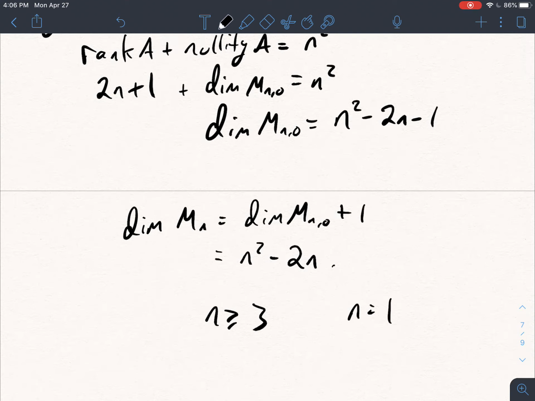Oh, also, I should have mentioned this from the start. All of this is for n greater than or equal to 3. For n equal to 1, the dimension is equal to 0. So I guess this would not work, because if I plugged 1 into this, then I would get 1 minus 2 minus 1, so that dimension would be negative. That doesn't make sense. And for n equals 2, what do we get if I plug in n equals 2?